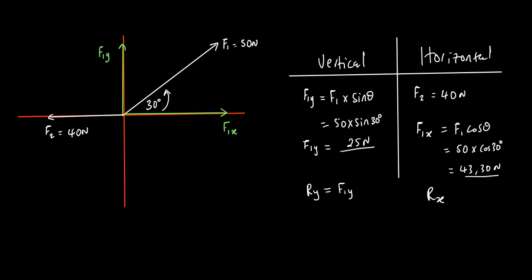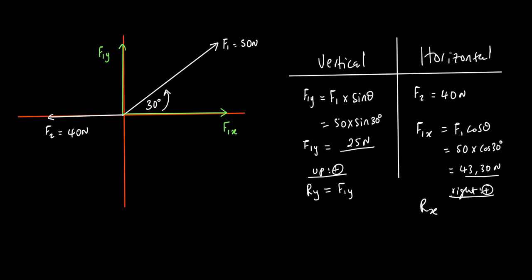But here I'm going to choose the right as positive, because horizontally it's either left or right. So Rx is going to be F2 plus F1x. It's the addition of those acting horizontally.